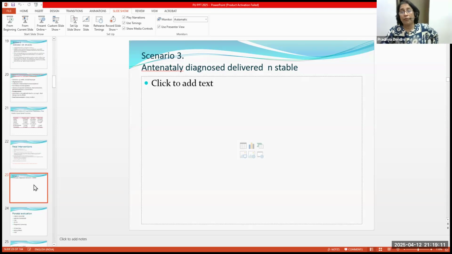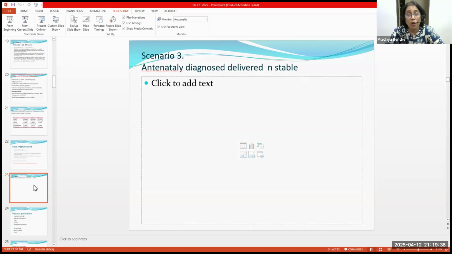So then we come to the next scenario, where the child was antenatally diagnosed and is about to be delivered. The most important advice we give to this patient, who has crossed the second trimester and is close to the third trimester, is that they should get delivered in a tertiary care center where all the facilities are available.